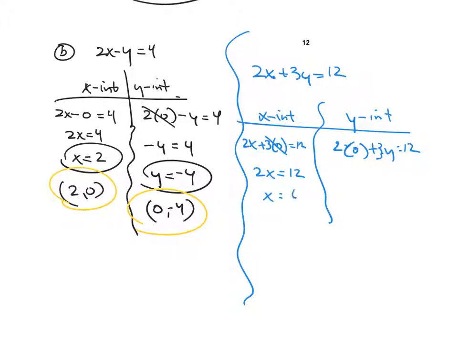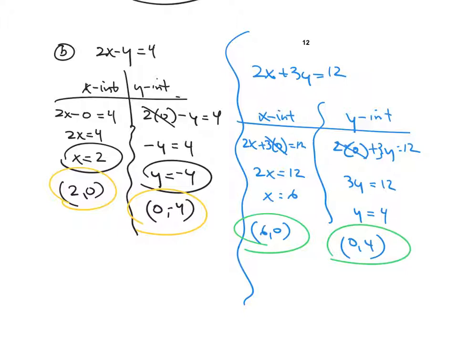Divide by 2, x is 6. So (6, 0) would be the x-intercept there. This goes to 0, so 3y equals 12. Divide by 3, you get 4. So (0, 4) would be the y-intercept. So these two represent this equation.